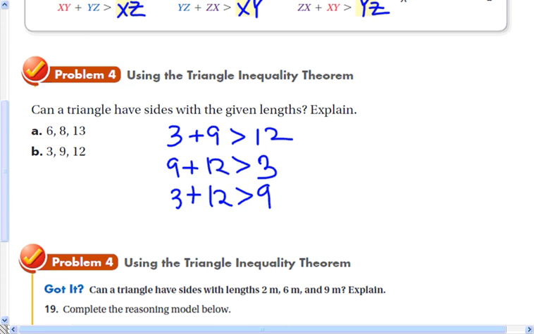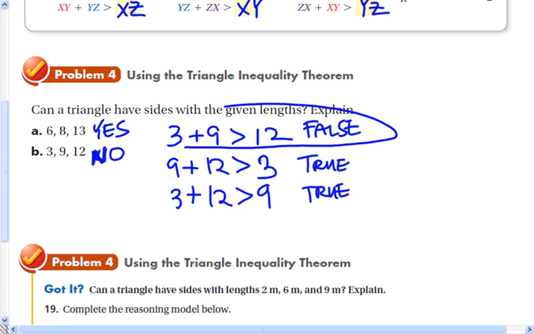And you can see that two of these are true. So that's true, that's true, but one of these is false. And in order to make a triangle, you would have to have all three of these be true, so no. 3, 9, and 12 would not work. That one did work. And it's because 3 plus 9 is not greater than 12.